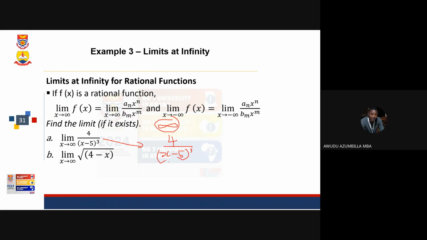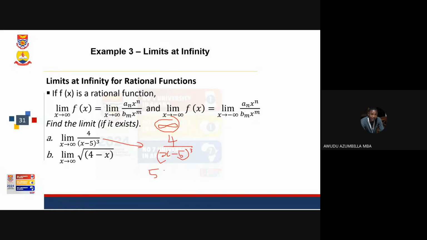Now, when we say x approaches infinity, it means that as x increases, what will be the value? How would the function behave as x increases? So first, let's assume that x is equal to 5.